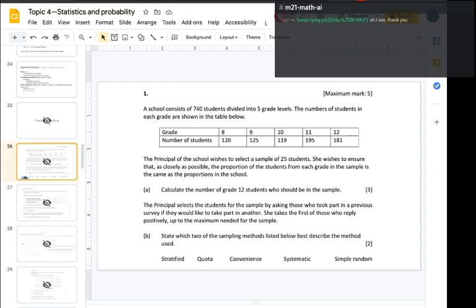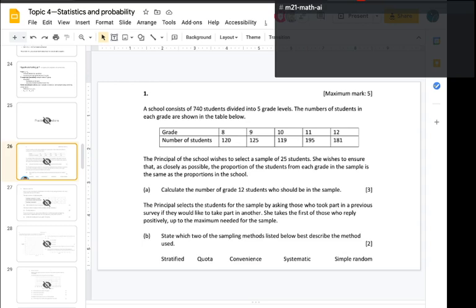Does anyone want to read the question first, or did everyone do it? Has anyone done the question? Guess not. Guess we can speed run it.